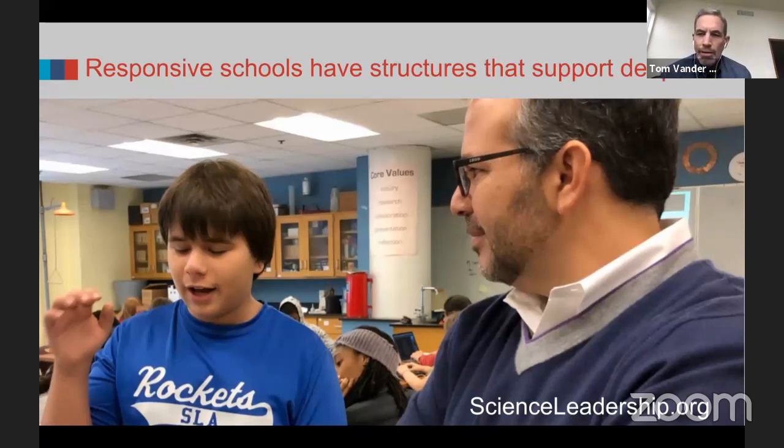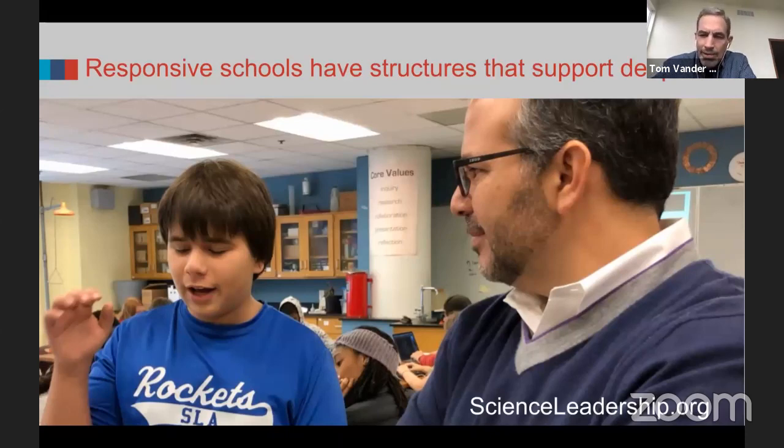Doing deep work means that you have structures that support deep work. My favorite example is Science Leadership Academy in Philadelphia. This is Chris Lehman with his son. So that's the proud look of Papa on the right there. But in between them, you'll see a set of core instructional values.